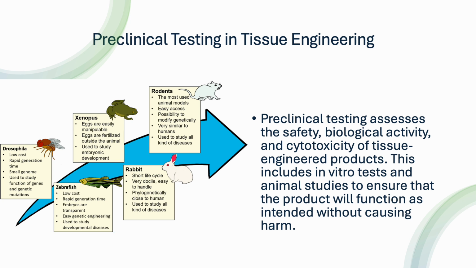And here we talk about rabbits and rodents. So preclinical testing assesses the safety, biological activity, and cytotoxicity of tissue-engineered products, and this includes in vitro tests and animal studies to ensure that the product will function as intended without causing harm.